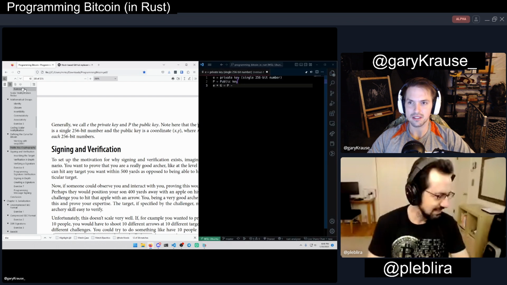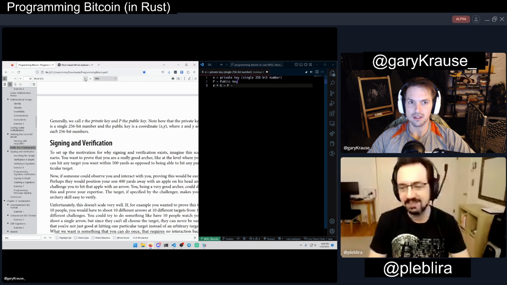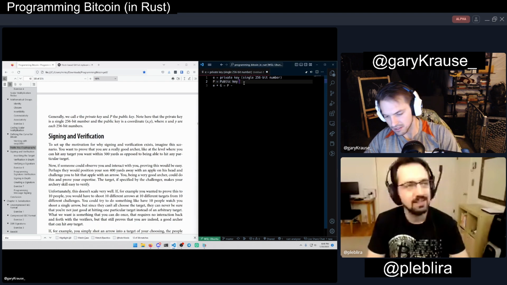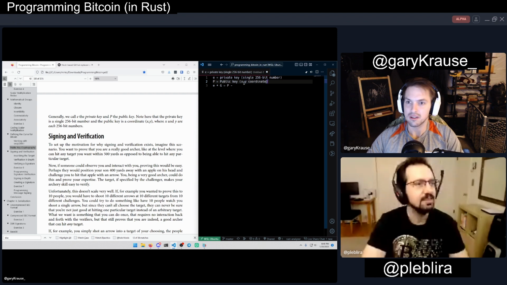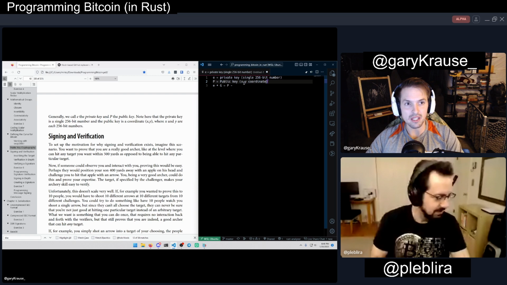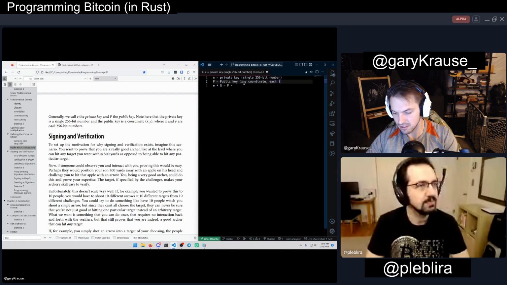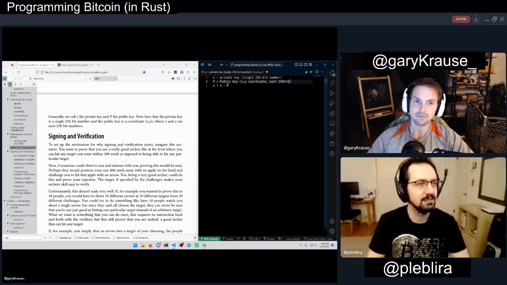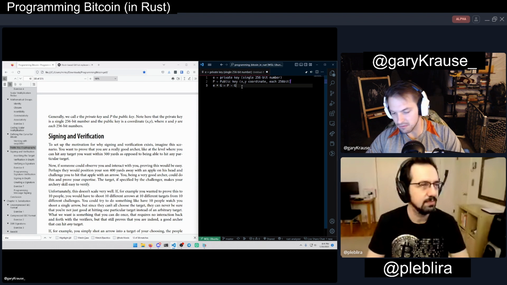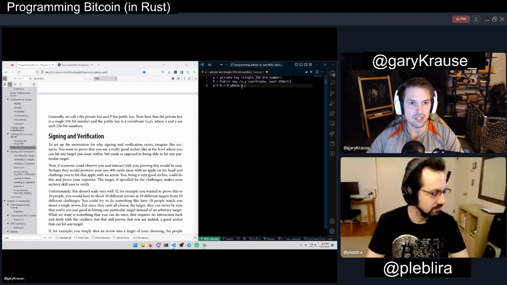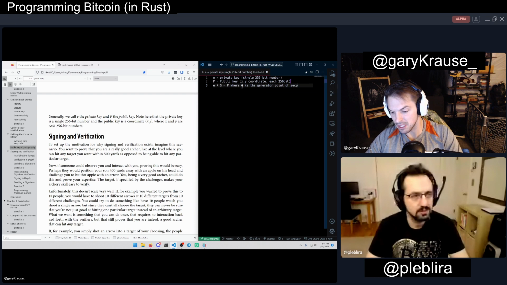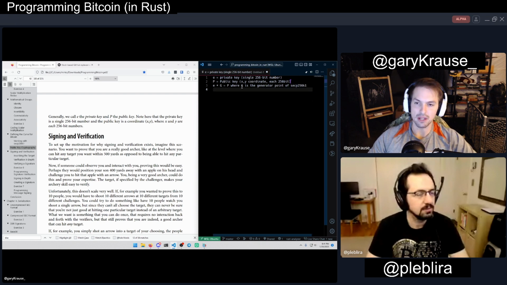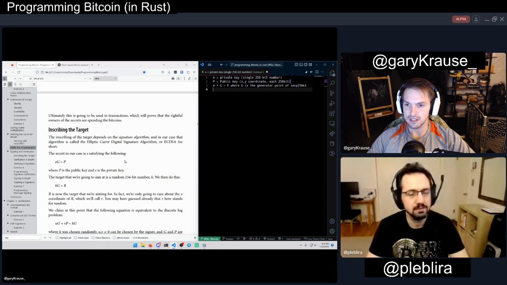The public key is a coordinate, and they're each 256 bits. And then G is the generator point of SECP256K1. Okay, so we got these defined here.